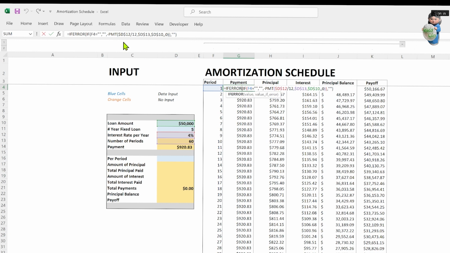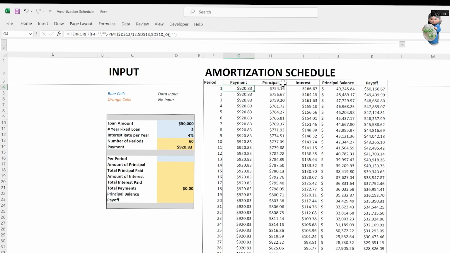And you can see that this function takes the loan amount, the interest rate per year, and the number of periods. I just want to make sure of a couple of things. This payment function, I need to put in a minus here because it will return the negative value. And the interest here is an annual amount, so I need to divide that by 12.